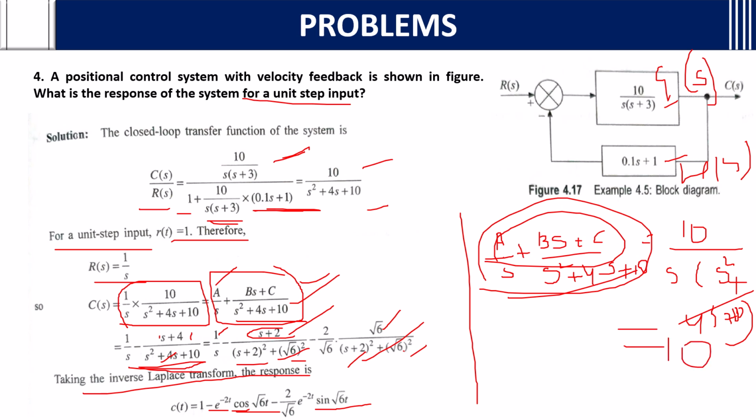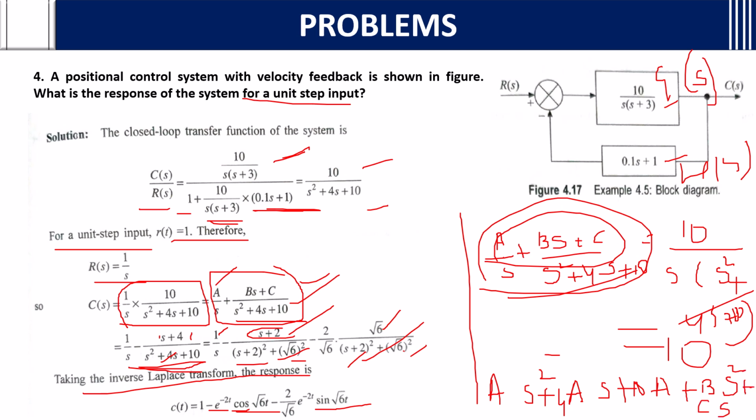Now what should we do? All the s square terms, all the s terms, and all the terms without s need to be separated. I'll write that equation. See, a into s square plus 4as plus 10a plus bs square plus cs.